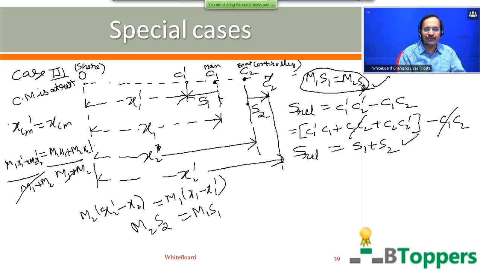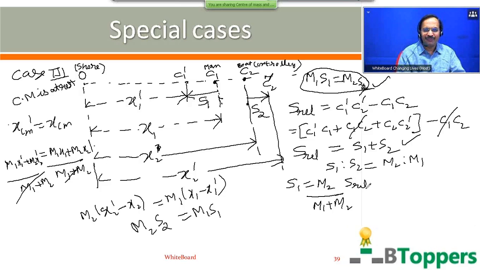We can solve these two equations. You can observe from the first equation s1 is to s2 is m2 is to m1. So s1 can be written as m2 by m1 plus m2 into the magnitude of relative displacement. s2 can be written as m1 by m1 plus m2 into the magnitude of relative displacement.